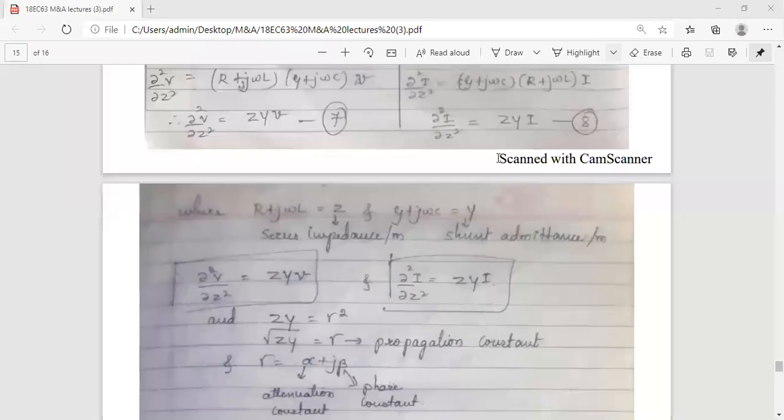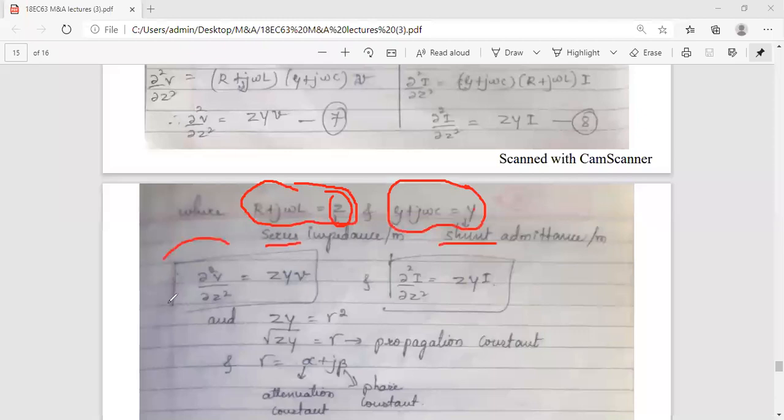Let me continue. Where I have already explained this to you, r plus j omega l is called the impedance, and g plus j omega c is called the admittance. The impedance we call the series impedance, and the admittance we call the parallel shunt admittance.